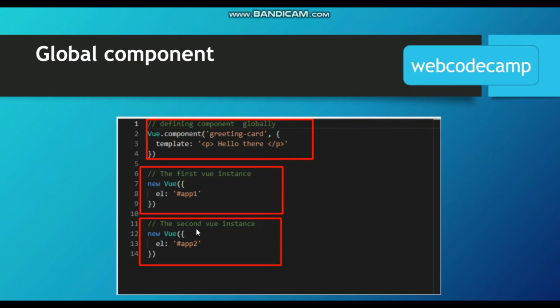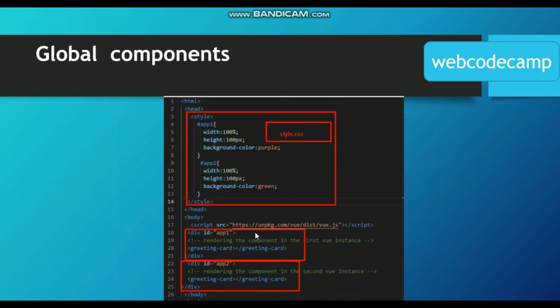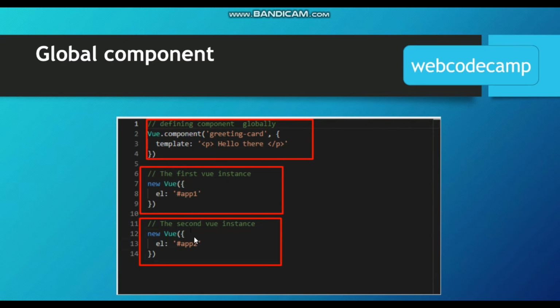In the next, the second Vue instance, f2, here I will call f2 and f1. That is the rendering of two types of components, and I will call these two types of rendering Vue instances.